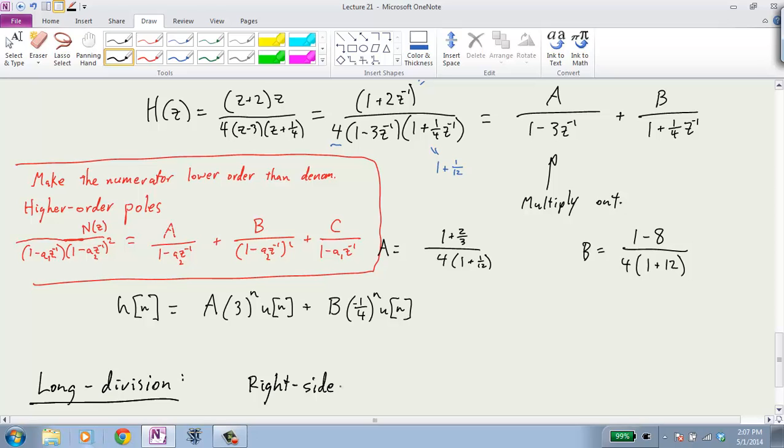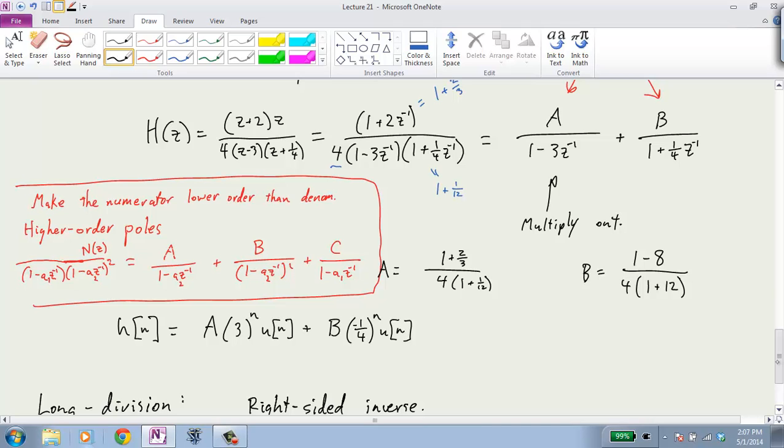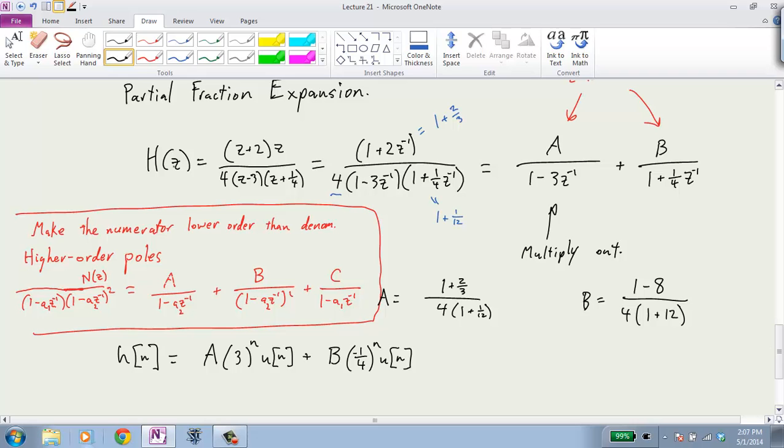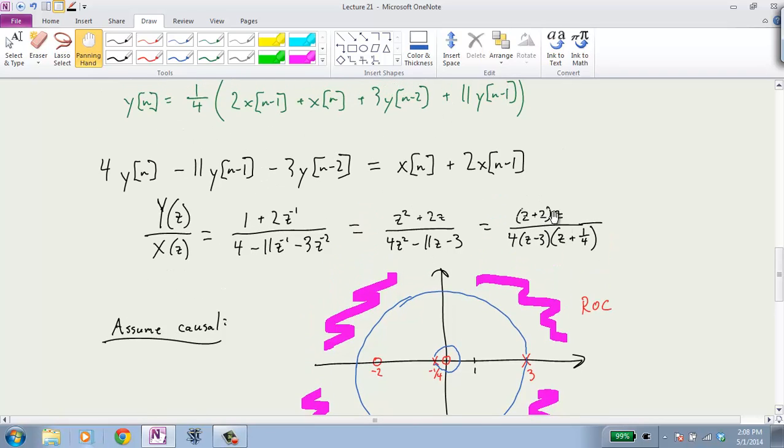I'm going to do the right-sided inverse. Of course, which one you should be doing depends on the region of convergence, right? And so I will take H of z, but I'm not going to take it in the form I factored it as. I'm going to multiply it back out, take it in its original form, which was up here.